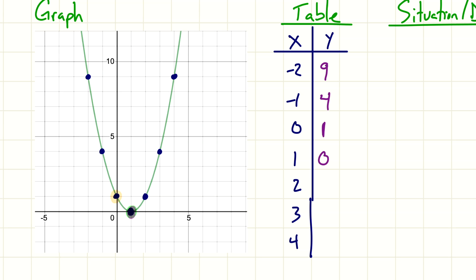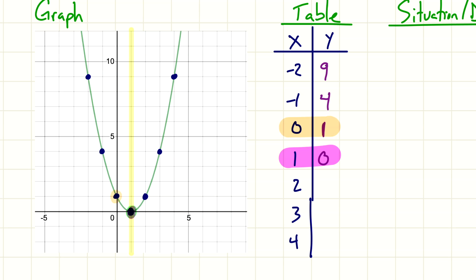The nice part is, because we have this line of symmetry, I'll draw that in as well, just like I did last time. That one's going to go through the vertex about there.